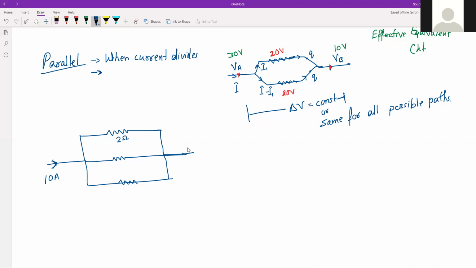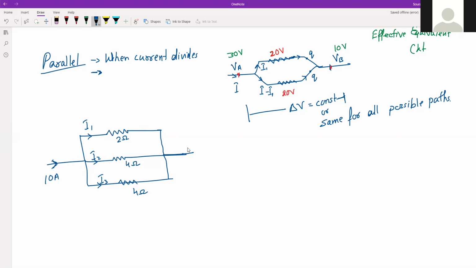This one is say 4 ohms, and this is also 4 ohms. The first one will have the least resistance because that is only 2 ohms. Second and third have the same resistance. So there will be three different currents, I1, I2, and I3. What can we say about I1, I2, and I3 in terms of their magnitude?